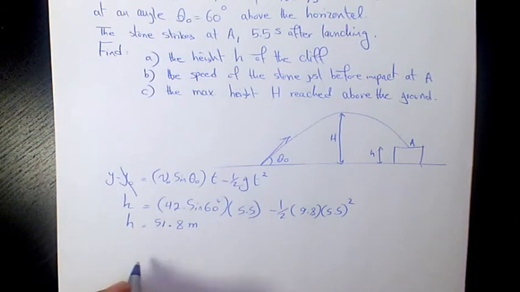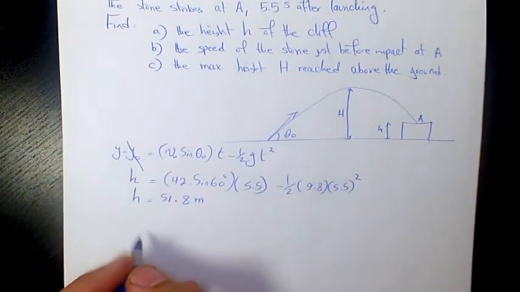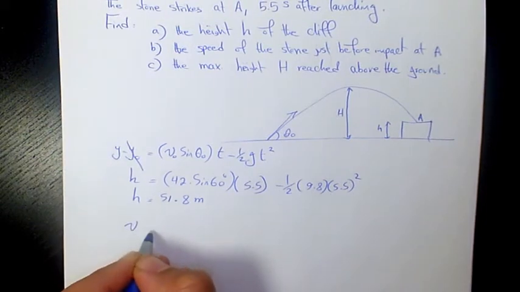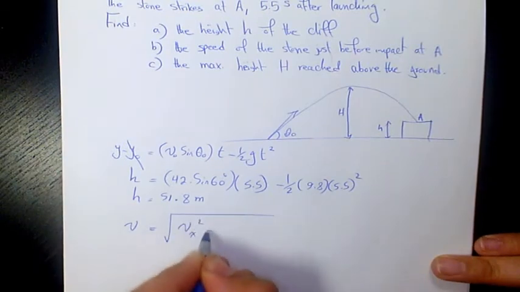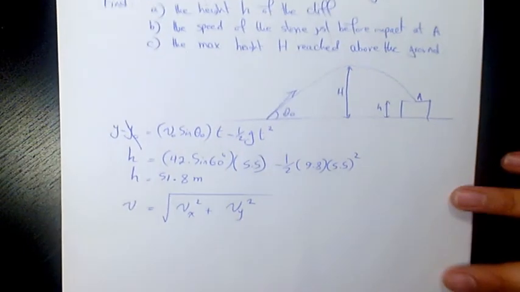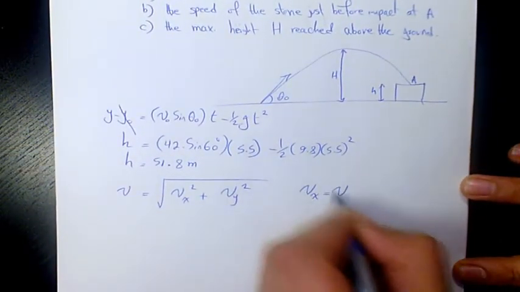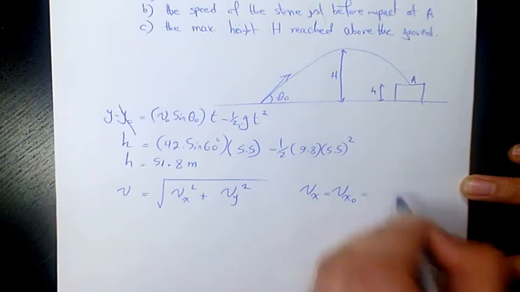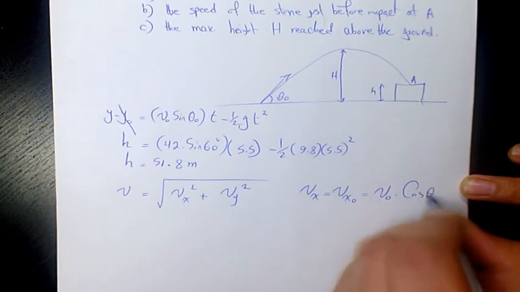Now part B asks for the speed of the stone just before impact at A. It means we need to find the final velocity. V will be equal to the square root of the x component squared plus Vy squared. Vx is the same as Vx naught, so we have v naught times cosine theta naught.